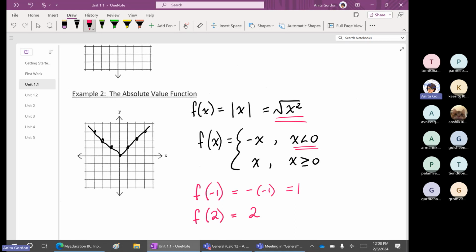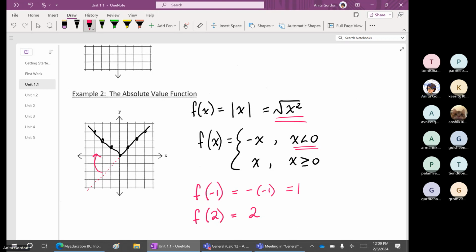Whatever your x is, square it and take the square root. It's always going to be positive. Also a reminder, another way to think about it, this is just y equals x, the line, and we're taking anything in the negative, flipping it up to the top.